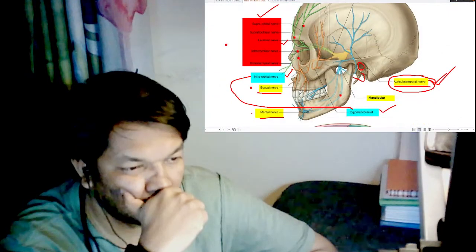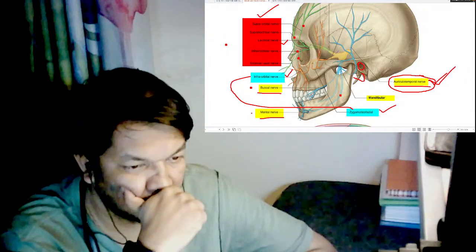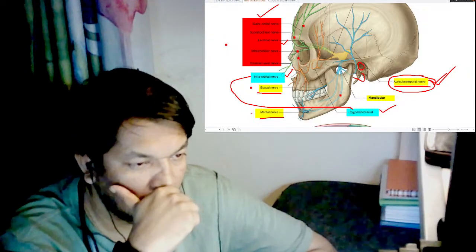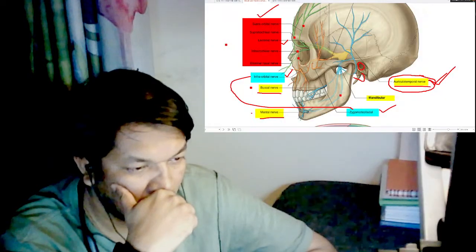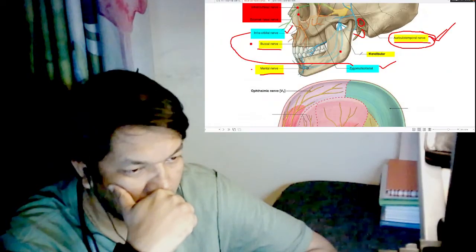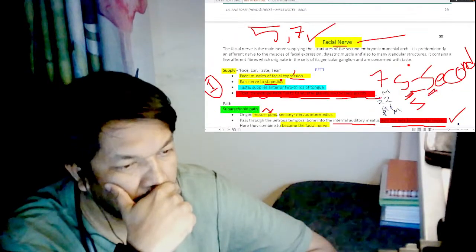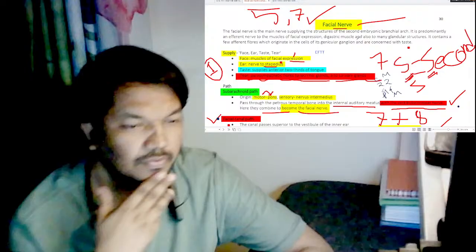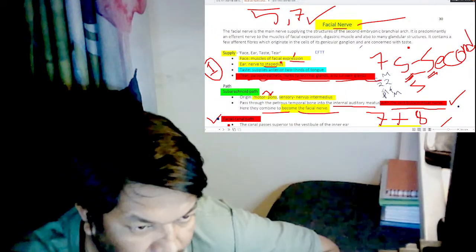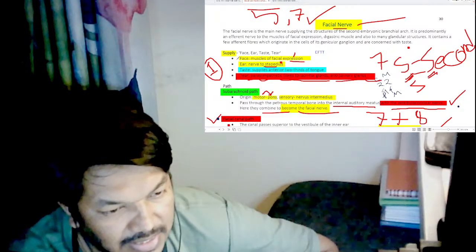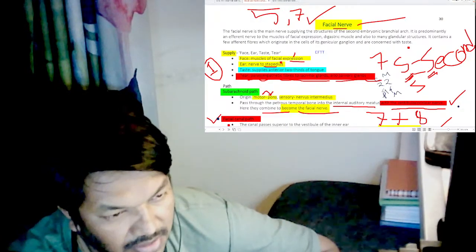This is the distribution in detail. The facial nerve supplies the face, ear, taste, and tear.